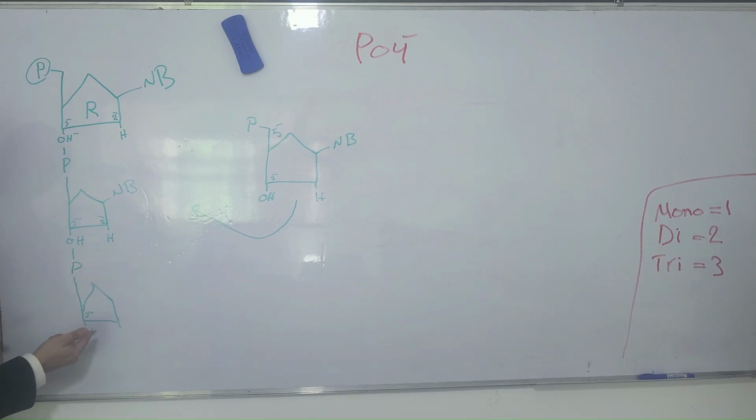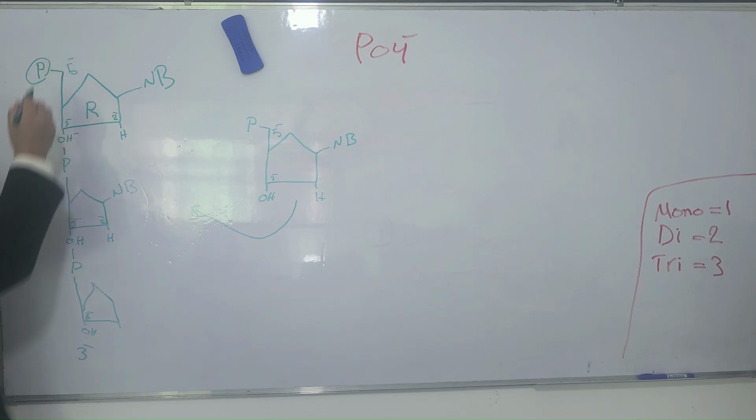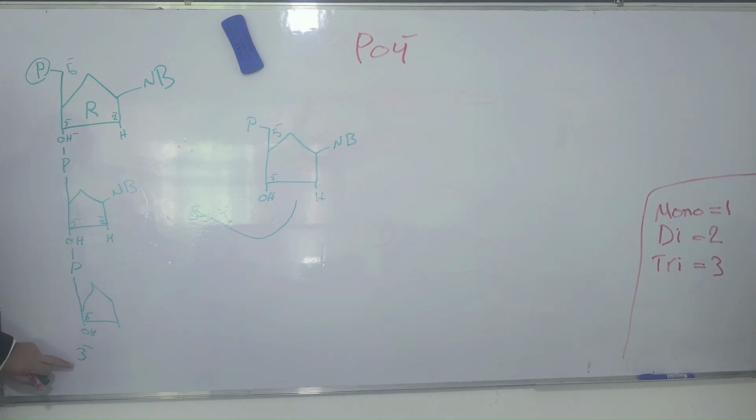Let's remove this because, again, it's in the middle. And so because this carbon in the ribose sugar was the 3', this would be called the 3' end. The phosphate here, remember, is a 5' end. And so the way you would read it, this is the directionality, 5' end to 3' end. Okay, that's all it is.